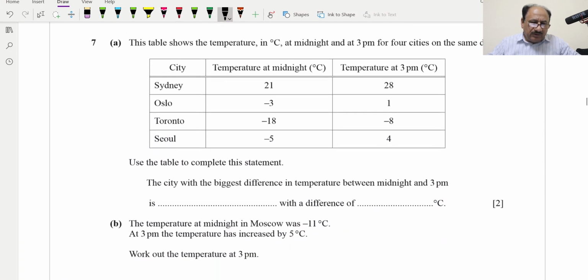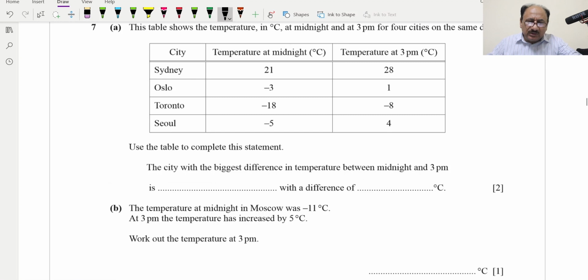Now question number 7. This table shows the temperature in degrees Celsius at midnight and at 3 p.m. for 4 cities on the same day. So city, temperature at midnight and temperature at 3 p.m. Sydney, Oslo, Toronto and Seoul. So these are basically the locations.